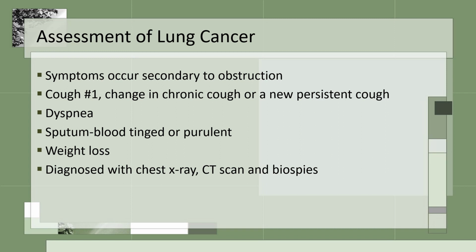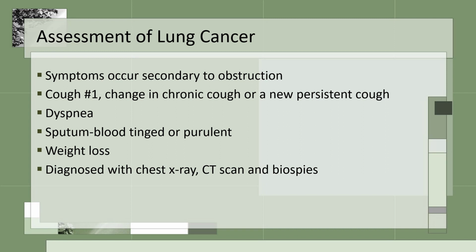Dyspnea, trouble going upstairs, losing their breath with activity. Then sputum that's blood tinged or purulent. Weight loss, this can be significant because when we decrease our efficiency of ventilation and oxygenation, we tend to have weight loss because our body's working harder to ventilate our lungs.